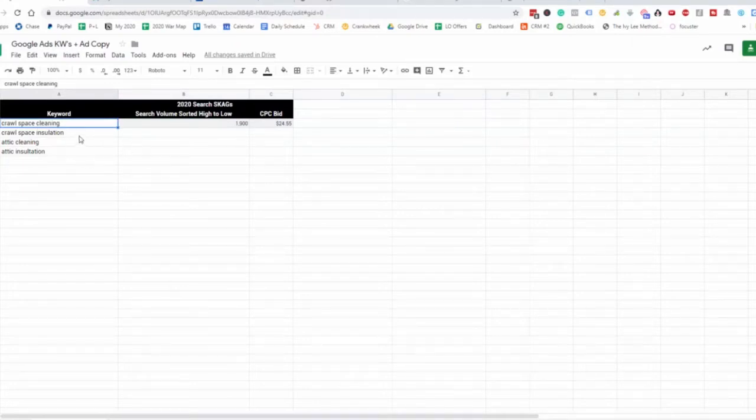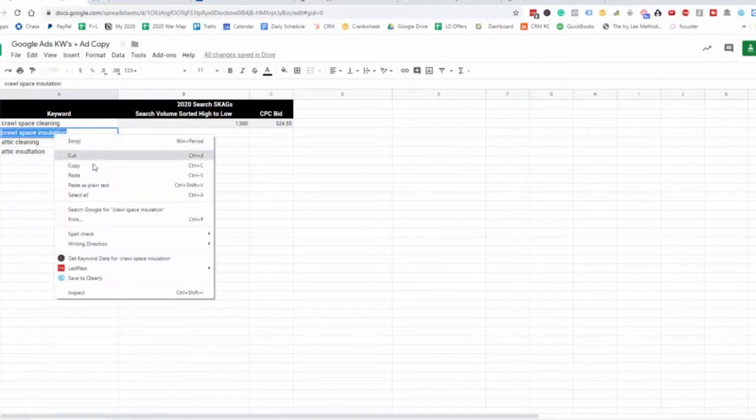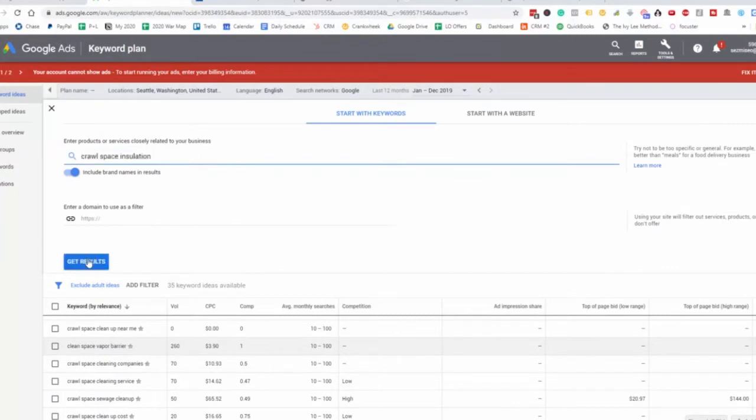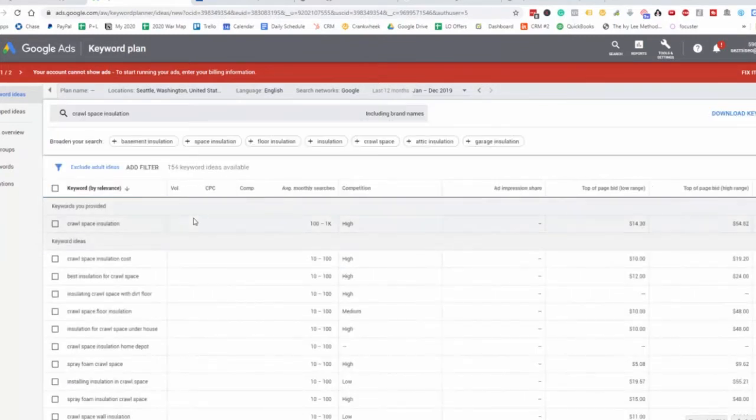So for crawl space insulation, let me show you an example of this one as well. Let's go to get results. As you'll see, this one is at the very top and it's going to be our main top level keyword, with the highest volume.